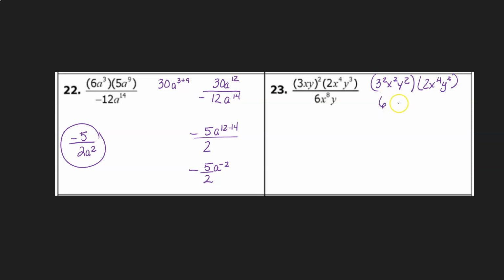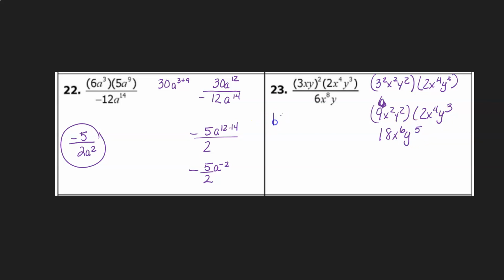That's 3 squared, so that'll be 9x squared y squared times 2x to the 4th y cubed, which gives me 18x to the 2 plus 4 power, which is the 6, and then y to the 2 plus 3 power, which is the 5th.